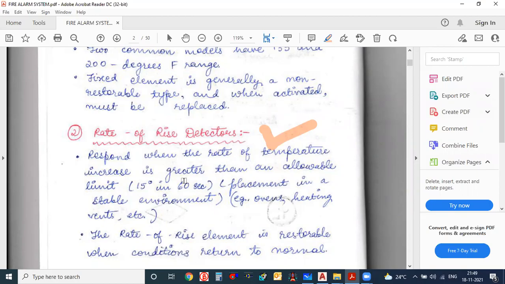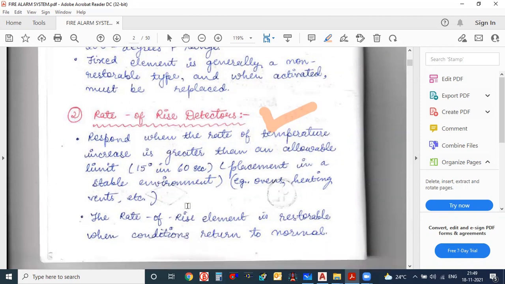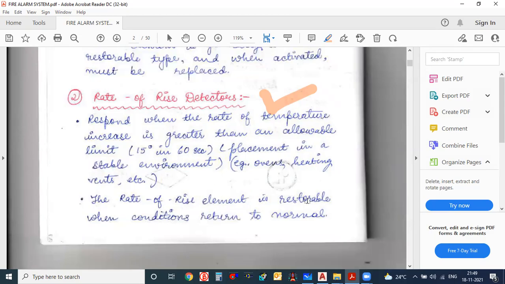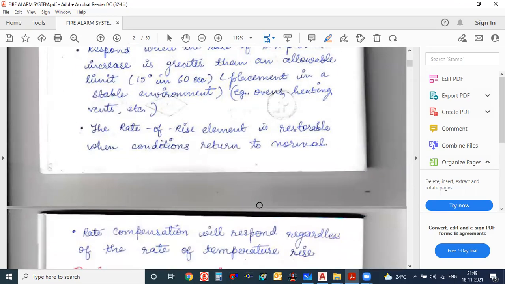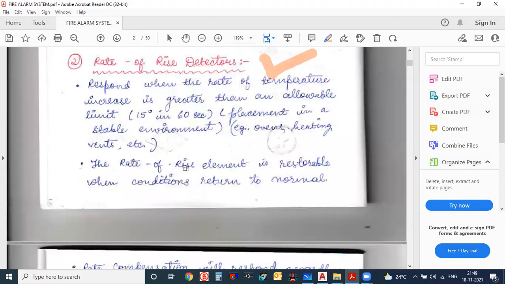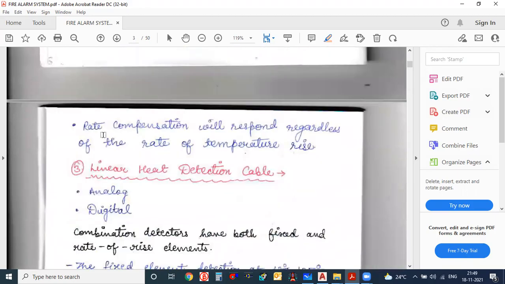They have given examples where you can keep it, like in ovens or heating vents, where the temperature is always fluctuating. The rate of rise element is restorable when conditions return to normal. Suppose the temperature increases and then decreases, it will become stable. Rate compensation detectors will respond regardless of the rate of temperature.